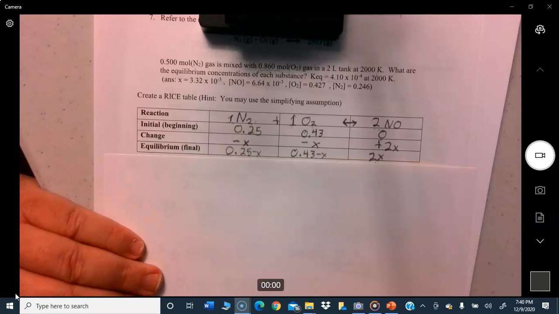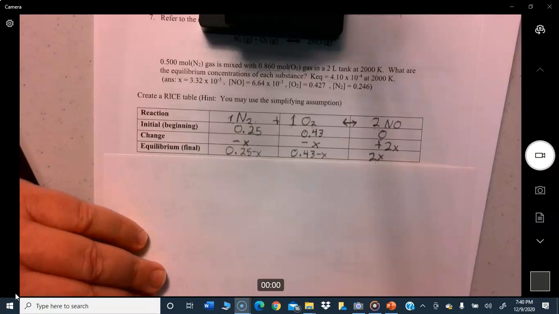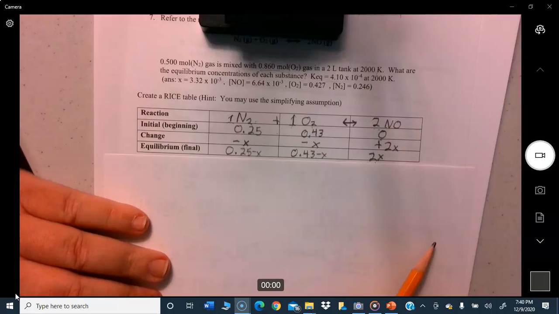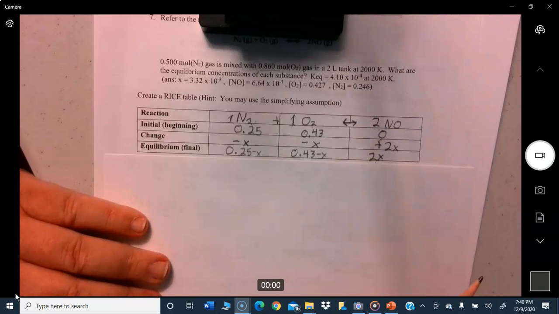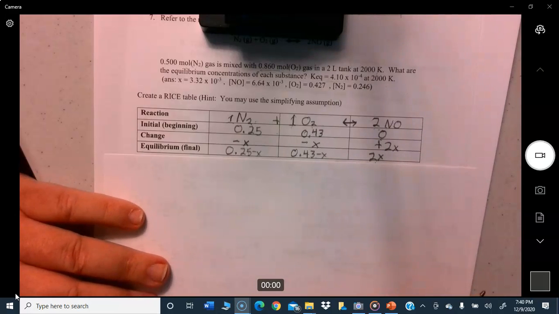Okay, now that I've completed the RICE table, I'm going to go ahead and do this on a separate piece of paper because I see I'm going to need more space than what I had down there. Again, if you're doing this on lined paper, that's not an issue. You've got all the space you need, but it's probably going to take a little more space.